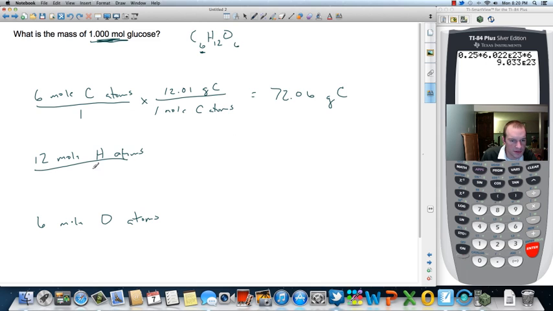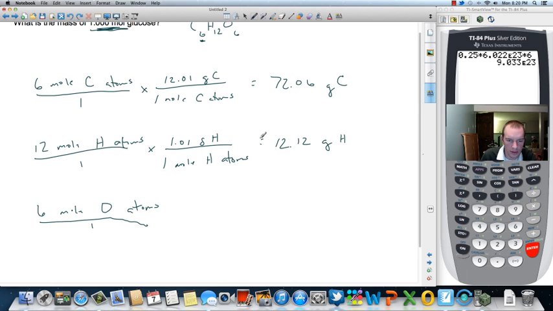Similarly, 12 moles of hydrogen, for every 1 mole of hydrogen atoms there's 1.01 grams of hydrogen, which equals 12.12 grams of hydrogen.